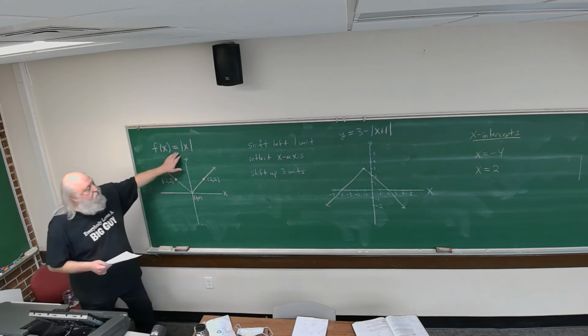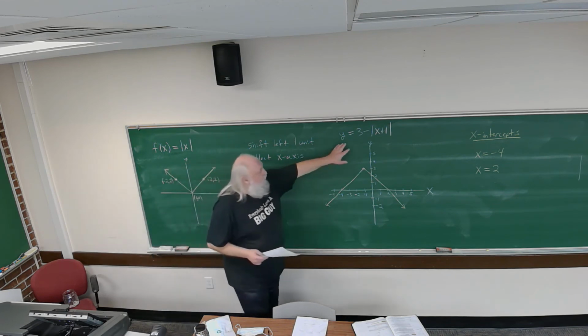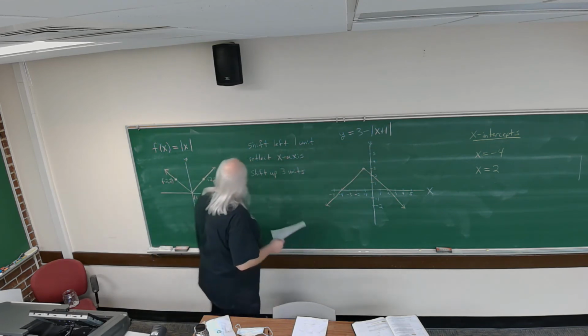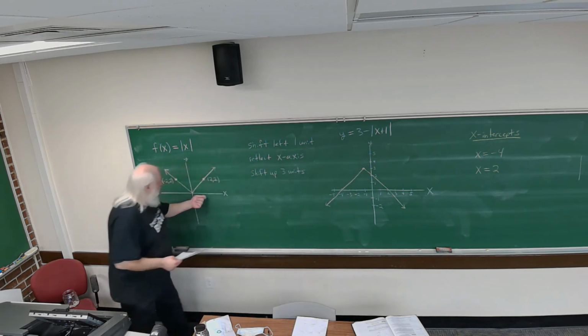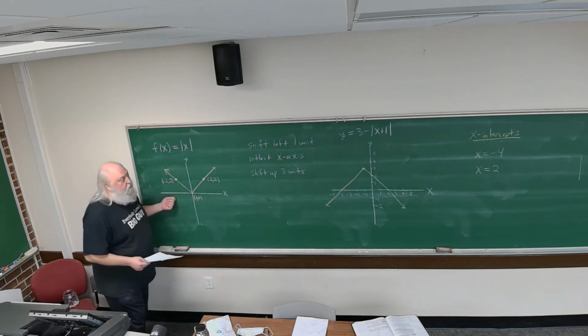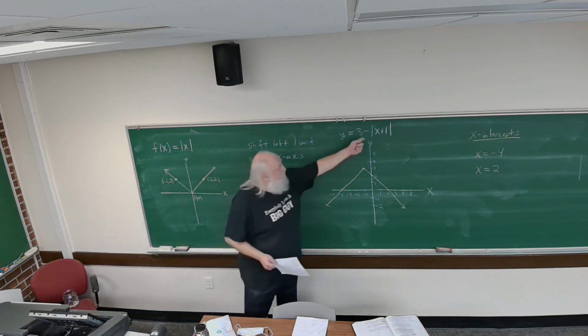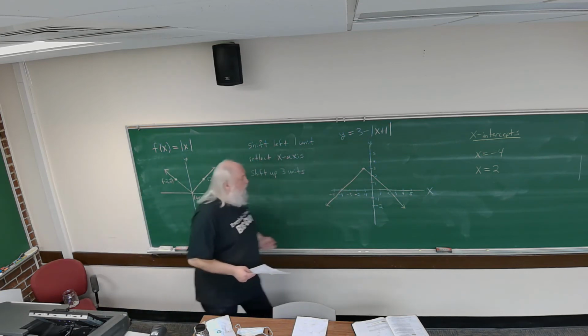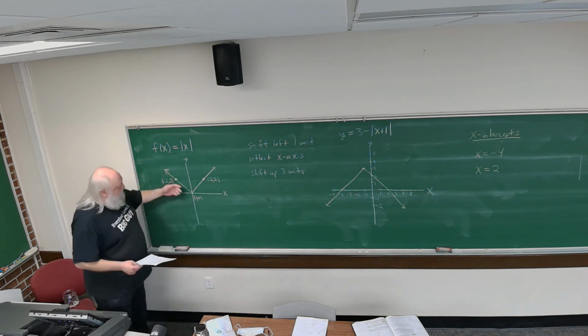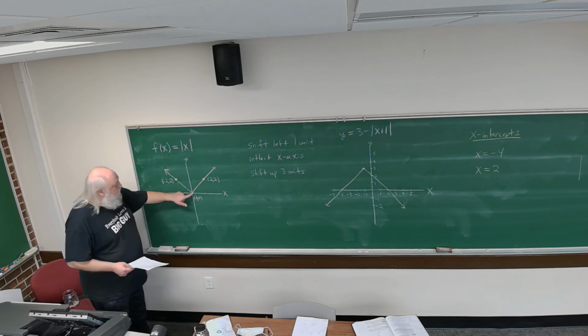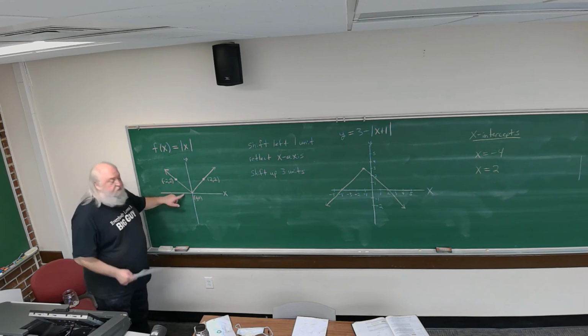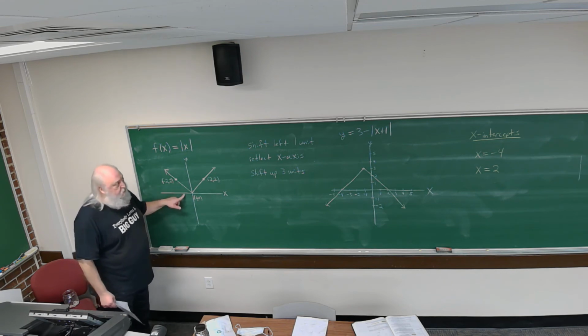To go from the absolute value function to this equation, we replace x with x plus 1, which has the effect of shifting the graph to the left 1 unit. And then when we take the negative or multiply the right-hand side by minus 1, that will then flip the graph over the x-axis. So the vertex goes from x equals 0 to x equals minus 1. And then when we flip the graph over the x-axis, the vertex is still at x equals minus 1.